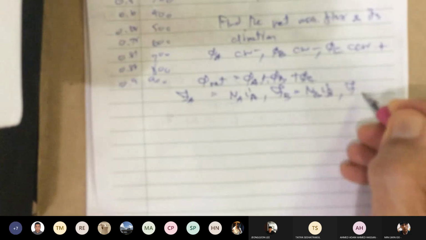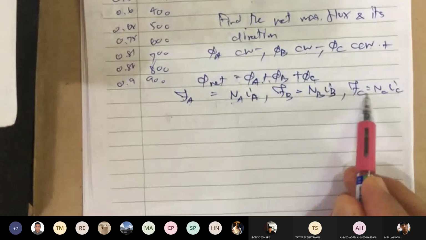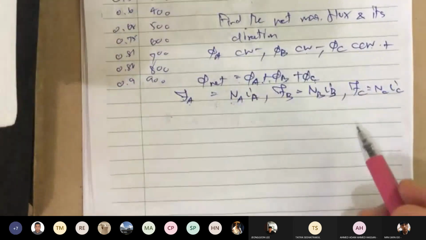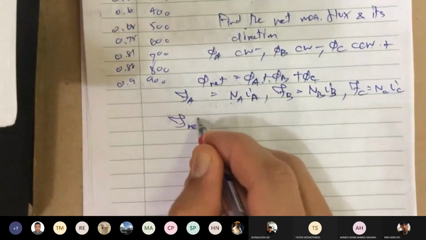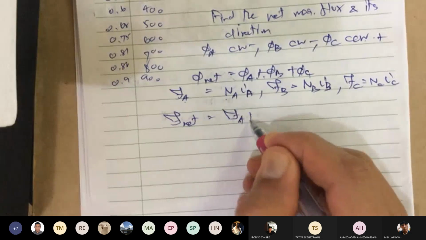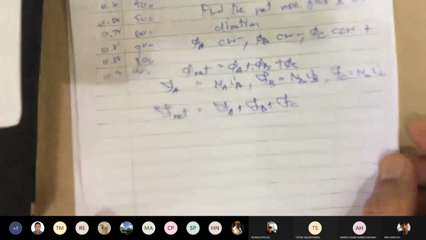And again, C is going to be N_C, I_C. Okay, and these have a sign according to their directions. And the sum of the three would be your net magnetomotive force, A plus B plus C.